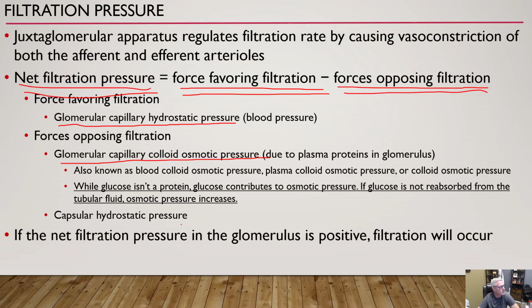And then it also says our capsular hydrostatic pressure. Now, typically, hydrostatic pressure is a helpful thing, and it would be under a force favoring filtration. But we already have a hydrostatic pressure that favors filtration.